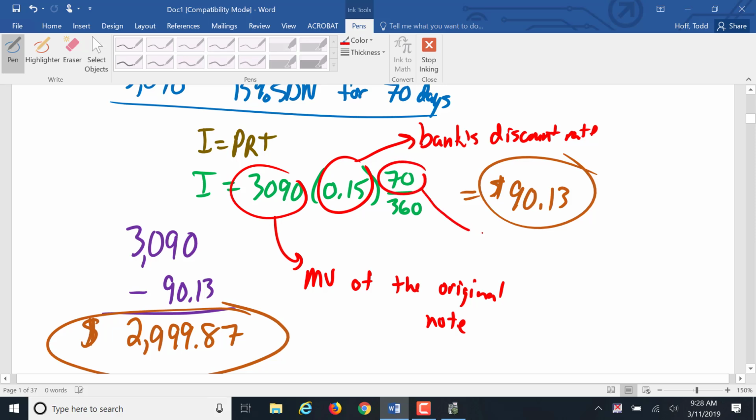And the days here are the days left in the original note, or days remaining in the original note. In our next videos, we'll take a look at a couple of examples of this calculation.